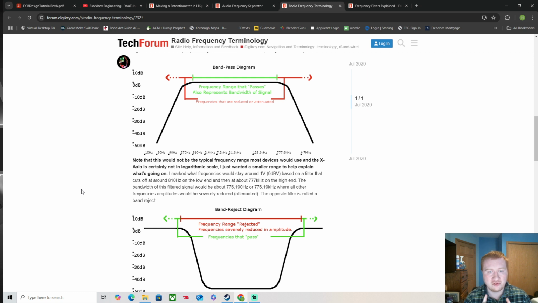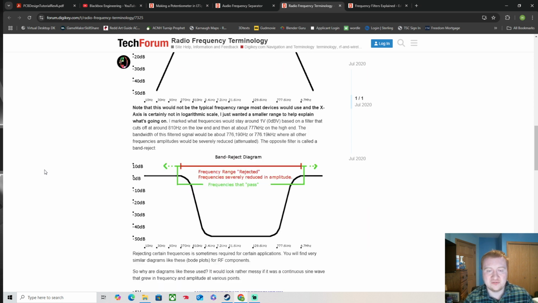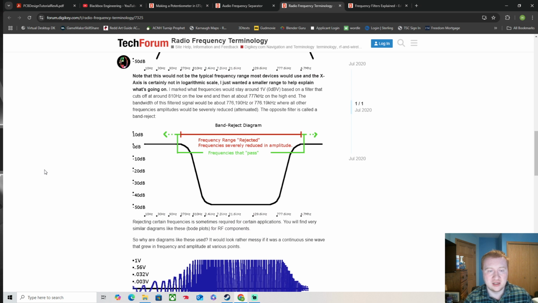You can never truly get a vertical 100% cutoff for any type of frequency. The opposite filter is called a band reject.